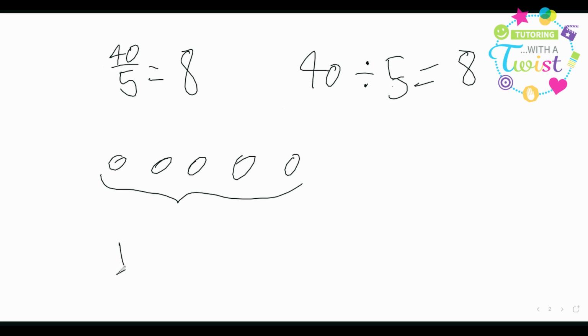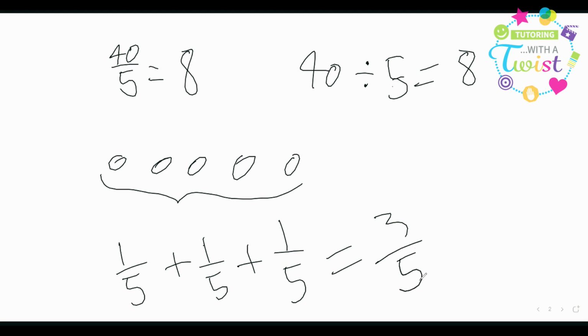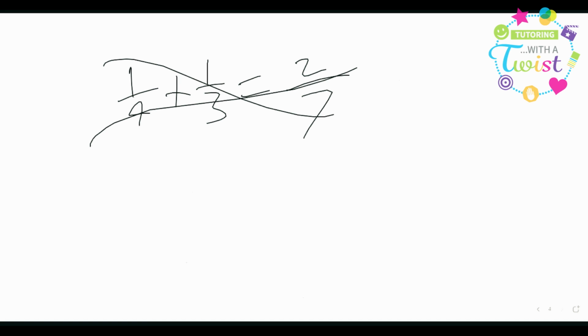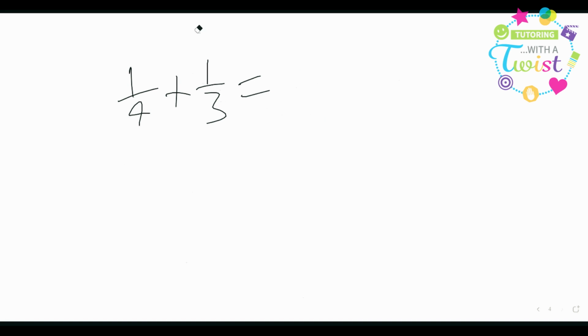We had 1 over 5 plus 1 over 5 plus 1 over 5, right? Well, this makes sense. A fifth plus a fifth plus a fifth, that's 3/5. It even makes sense in the English language that those things would be equal to each other, right? So going back over here, we know that this is wrong. So let's take another shot at it.